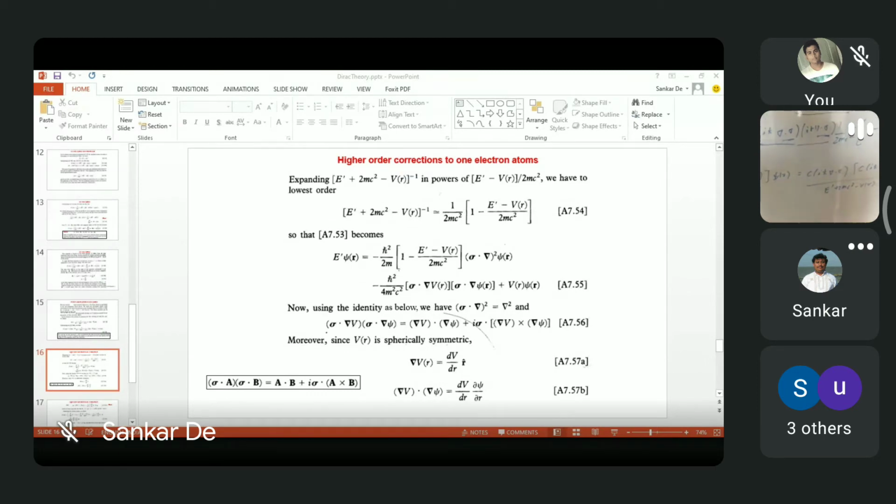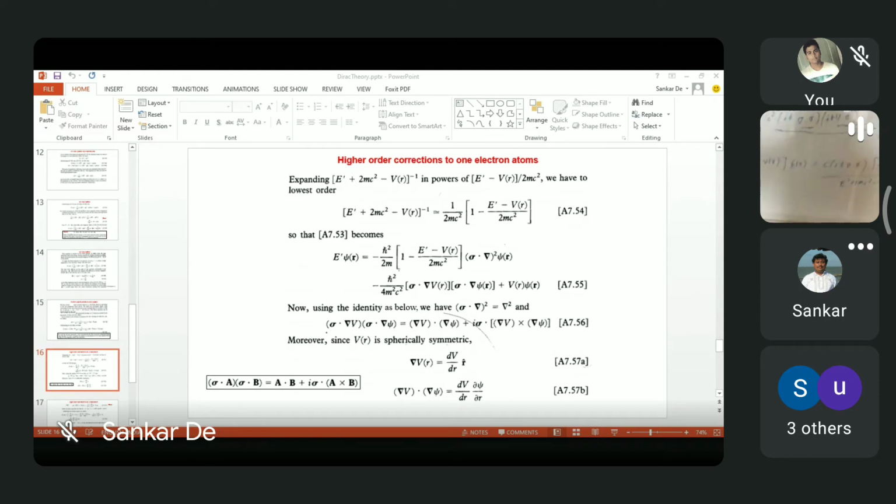No, I don't think A755 is correct. Some problem is there. I think that should be minus h cross square by 2m only, because c square is cutting out, right?